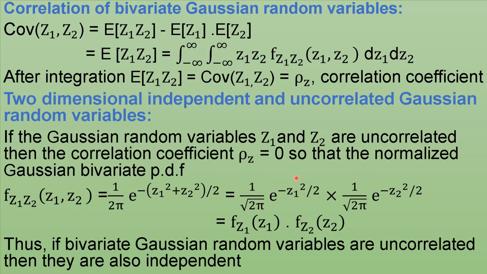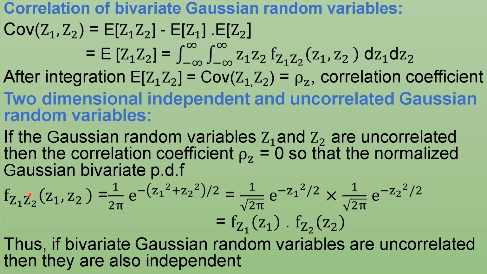So this is actually the probability density function of Z1. Similarly, 1 by root 2 pi into e power minus z2 square by 2 is the probability density function of Z2.